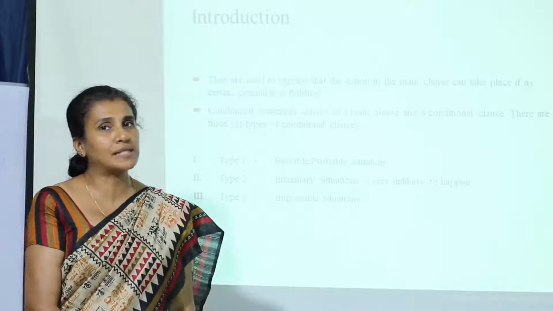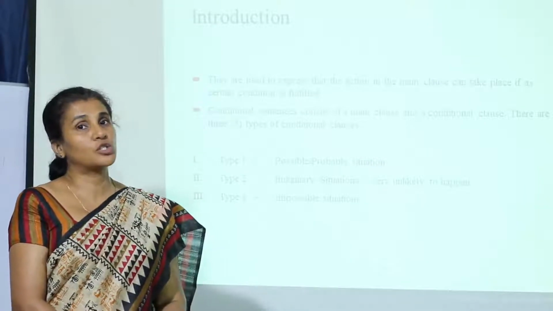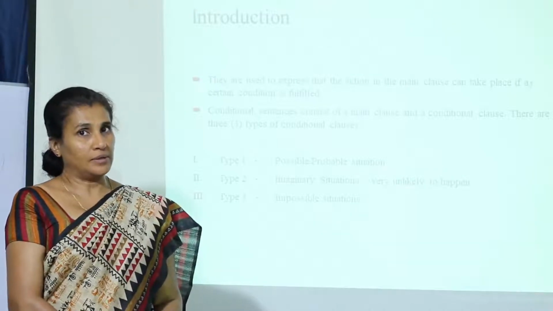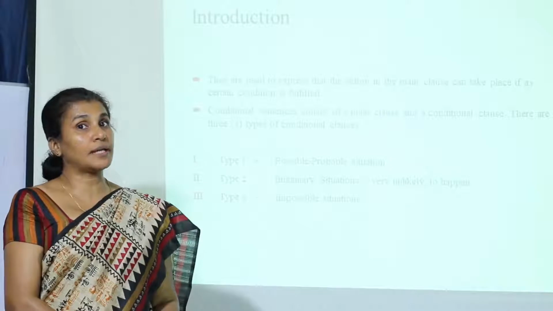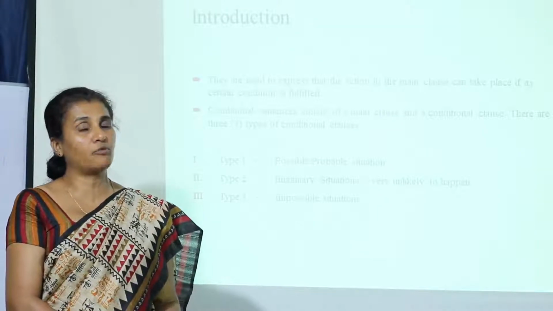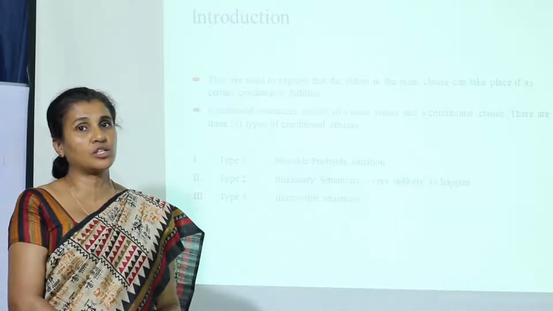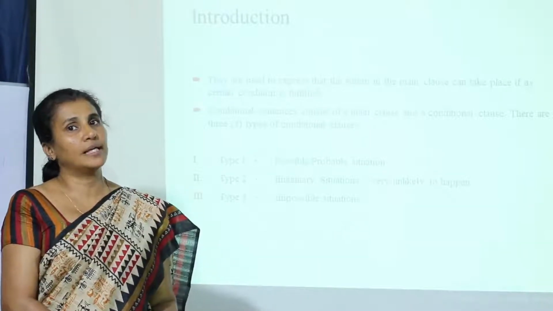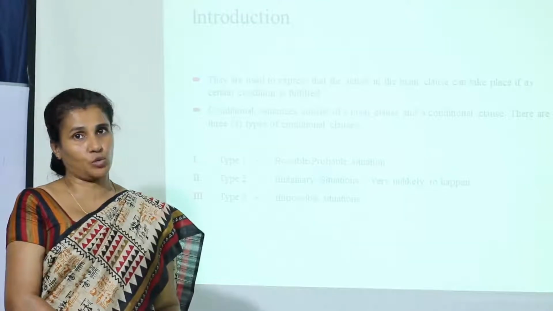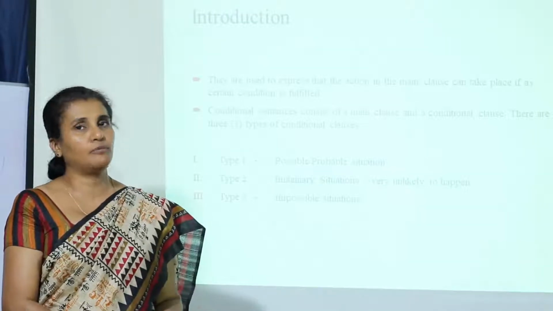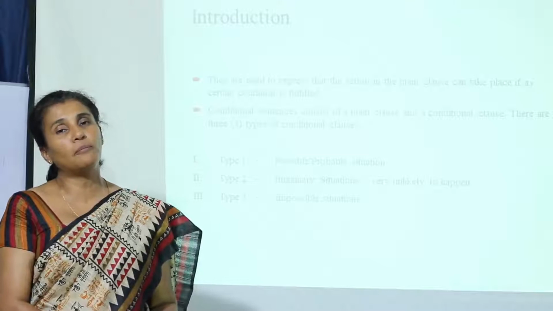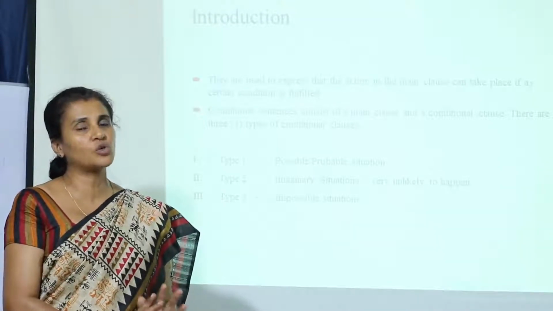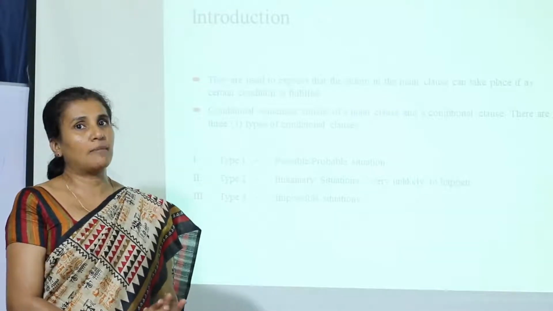It is an impossible situation, as we talk about past events. So there are three types of if conditional clause. Type 1 is the possible or probable situation. The second type is the imaginary or very unlikely situation, and the third type is the impossible or improbable situation. These are the three types we are going to learn today as the grammar lesson.